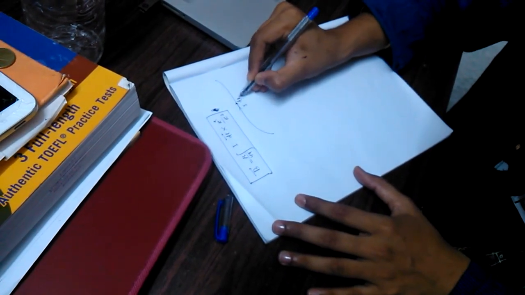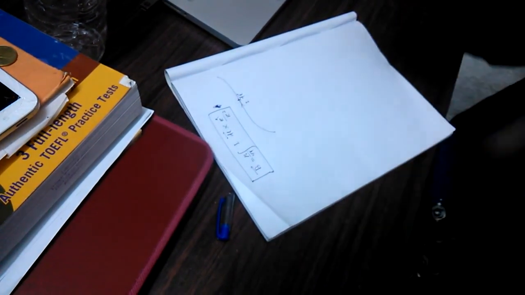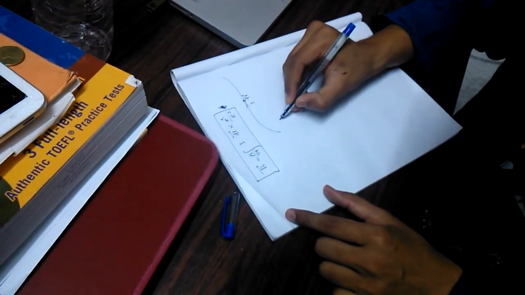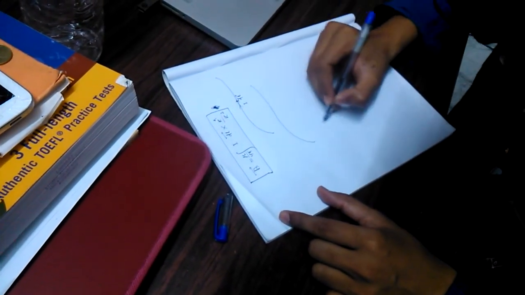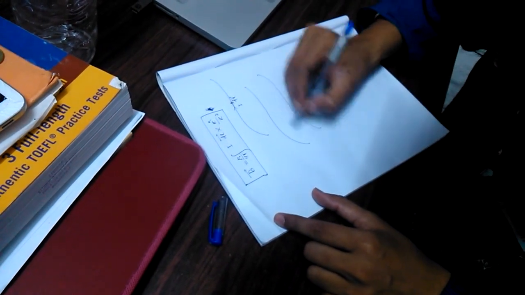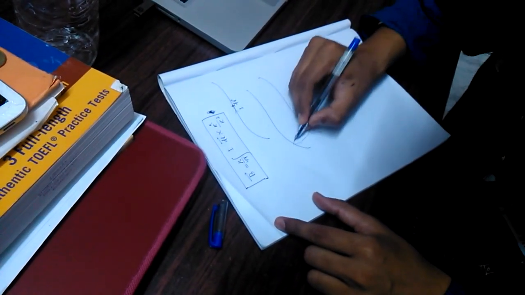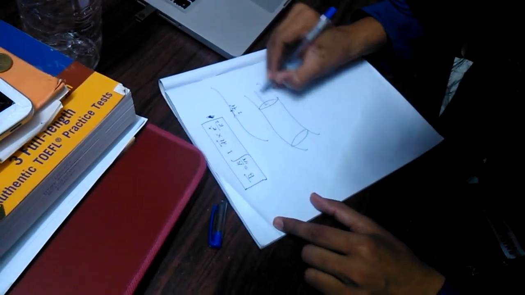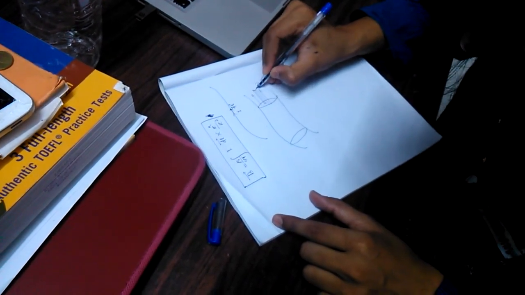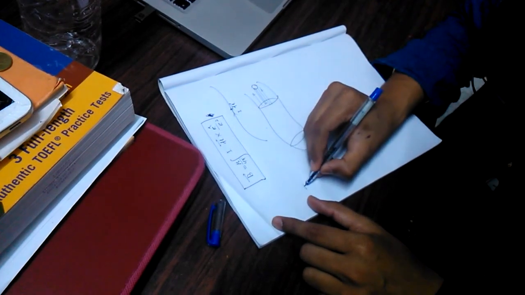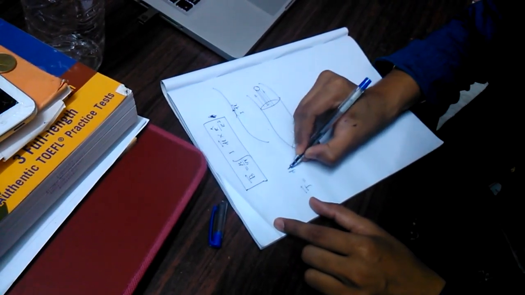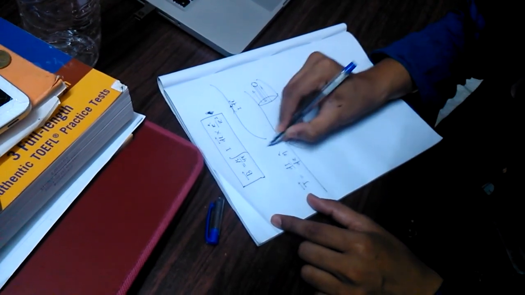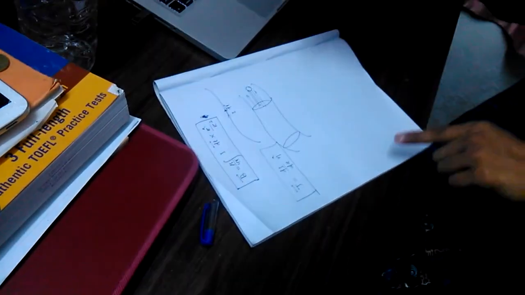Now if I have a continuous distribution of current, maybe with varying cross section, I define a quantity J, which is current per unit area, and the direction is perpendicular to the area.